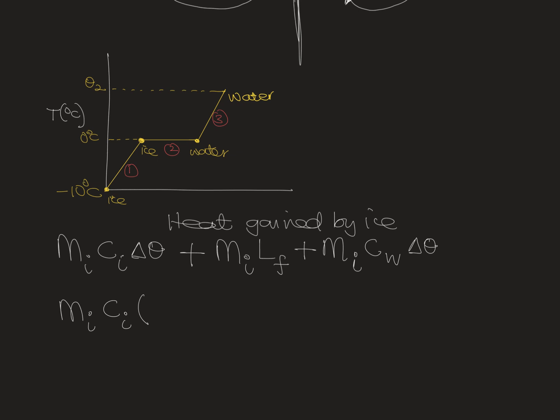For a body that is gaining heat, the change in temperature will be the final temperature minus the initial temperature, so that is 0 minus minus 10, plus the mass of the ice times the specific latent heat of fusion of the ice, plus the mass of the ice, specific heat capacity of water, times the change in temperature, which will be theta 2 minus 0 for the third stage.